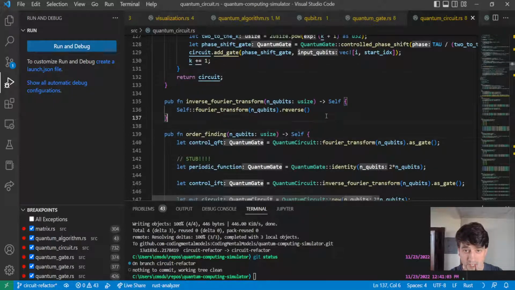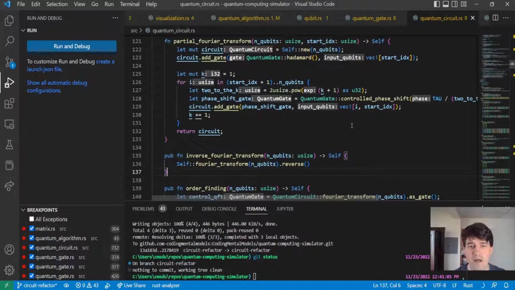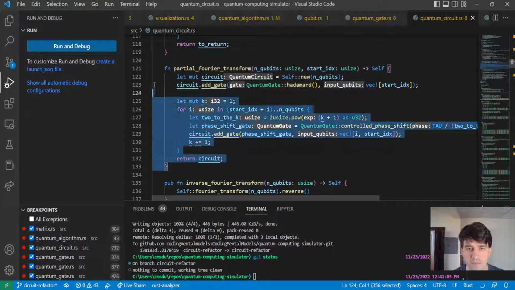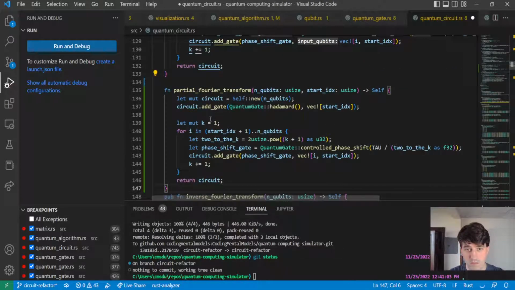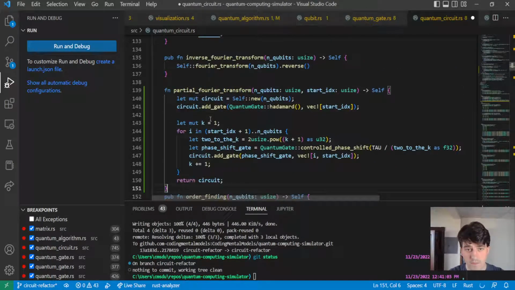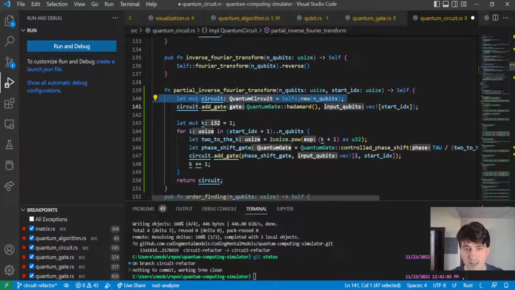Okay, let's do inverse Fourier transform better. We'll do a partial inverse Fourier transform. We will start with a new qubit.